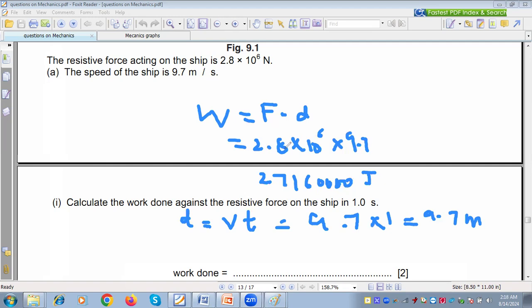Okay, so this has only two significant figures. So we can also express our answer in two significant figures. That is 2.7 into 10 to the power 7 joule.